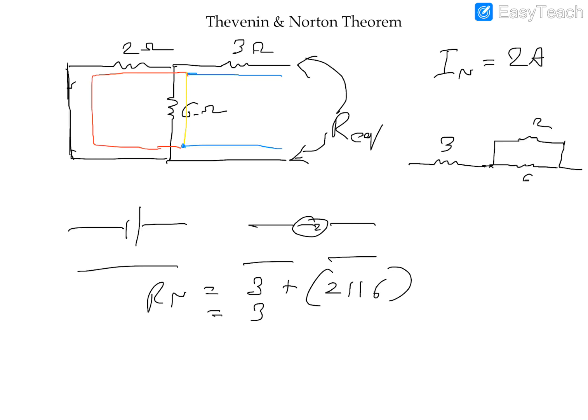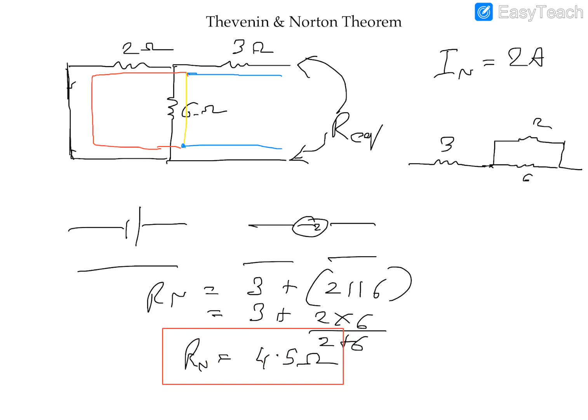That is 3 plus 2 times 6 by 2 plus 6. 2 times 6 is 12, 12 by 8 is 1.5. So you would have 4.5 ohms.